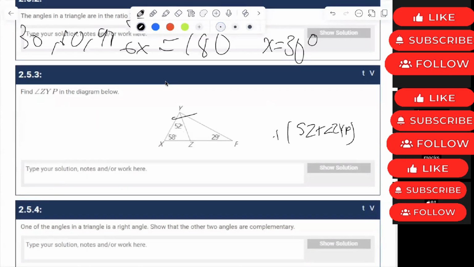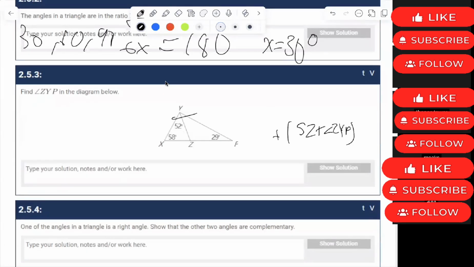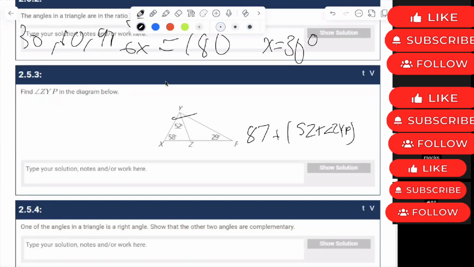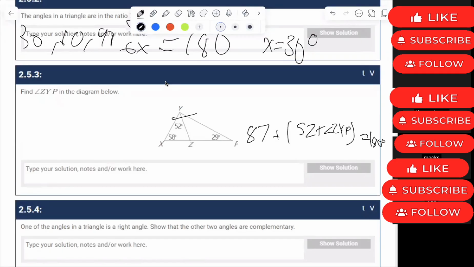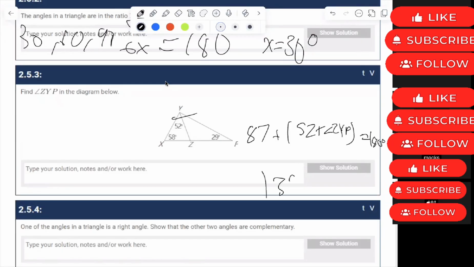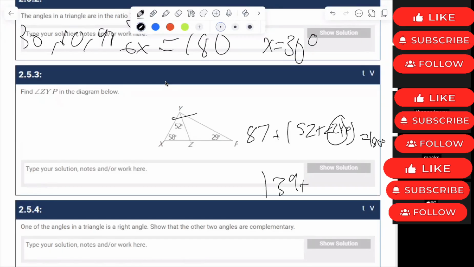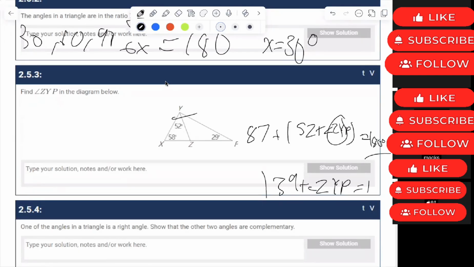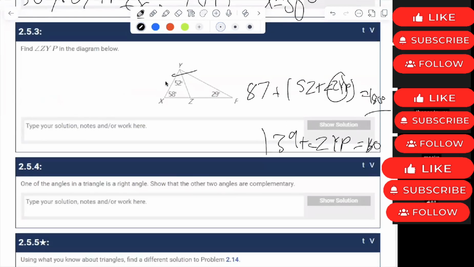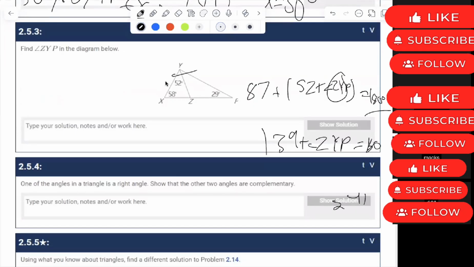And we add this to 58 and 29, which gives you 87. And you should get 180 degrees in the triangle. Summing this all up, this gives you 139 plus the wanted angle is equal to 180 degrees. Do subtraction, and you should be left with 41 is equal to ZYP.